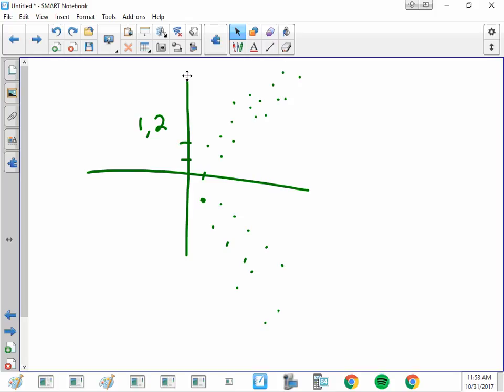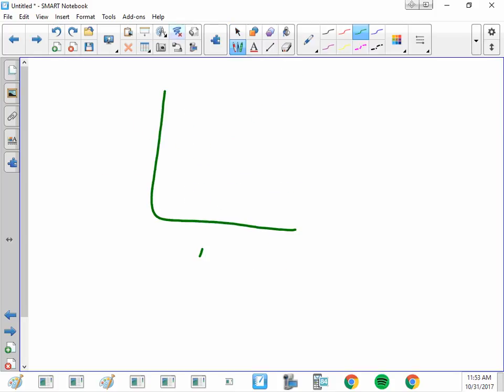What's the correlation between measurement in inches and measurement in centimeters? So this is in inches. So let's say I have 10 inches. When I convert that to centimeters, what's it going to be? 25.4. So 1 inch is equal to 2.54 centimeters. So this would be 25.4 centimeters.